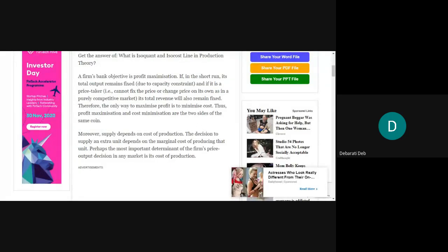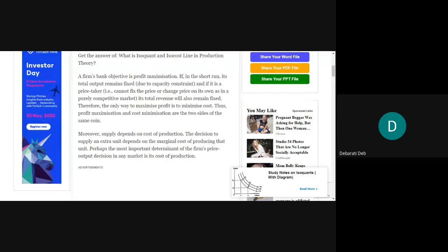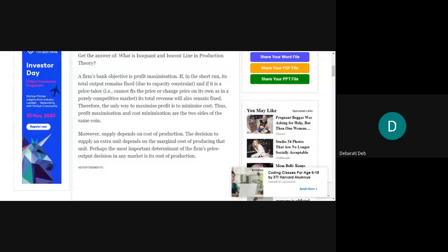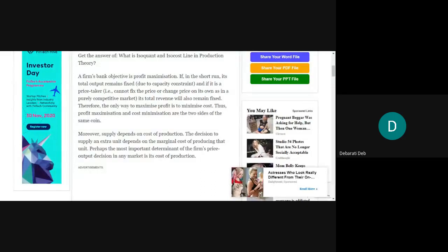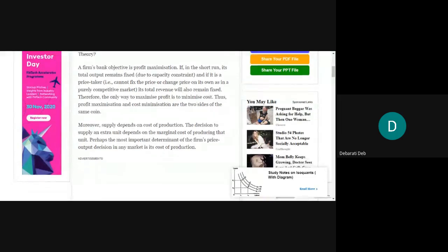You have to understand first that in a highly competitive market where there is a capacity constraint for any firm, the total revenue is going to remain fixed for a certain period of time. Then during this short run period, what is the only way left in the hands of the firm to increase its profit? The only way is to minimize the cost.